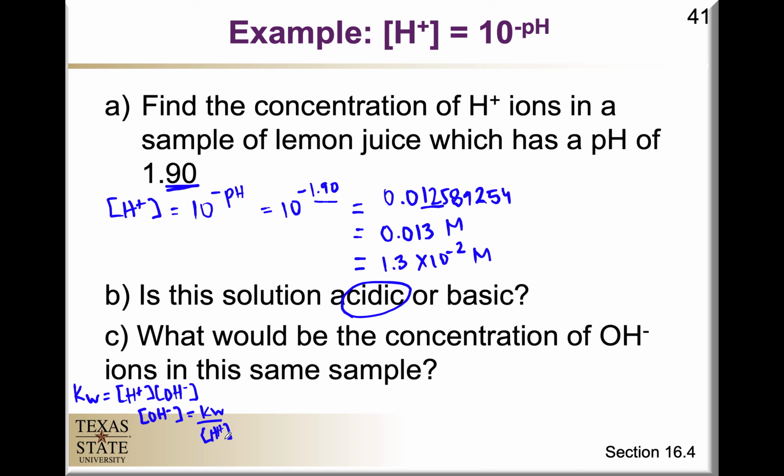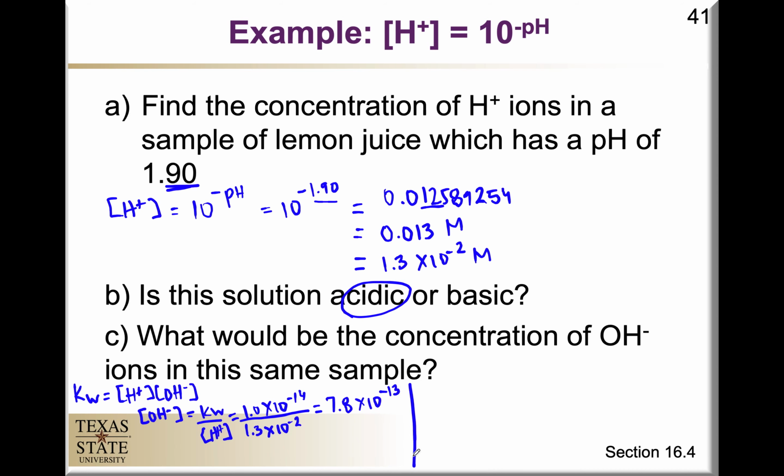Oops, that is supposed to say hydrogen ion. And that's equal to 1.0 times 10 to the negative 14 divided by hydrogen ion concentration, which is 1.3 times 10 to the negative 2. And that gives us 7.8 times 10 to the negative 13.